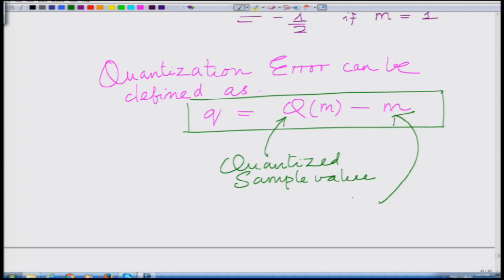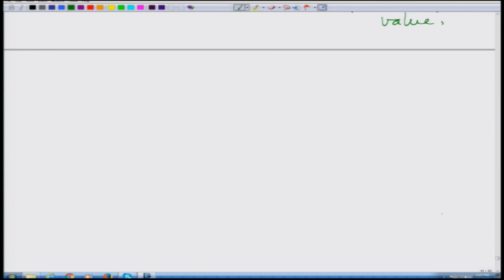Therefore, we have seen that q lies between minus delta by 2 and delta by 2.